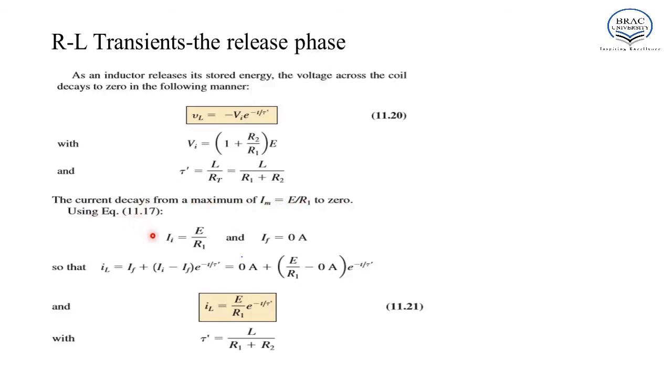Using the equation I equals IF plus Ii minus IF e to the power minus t by tau, with IF equals 0, we can determine the IL, which equals E by R1 e to the power minus t by tau prime, and tau prime will be equal to L by R1 plus R2. These equations will be easier for you to understand once you solve a problem.